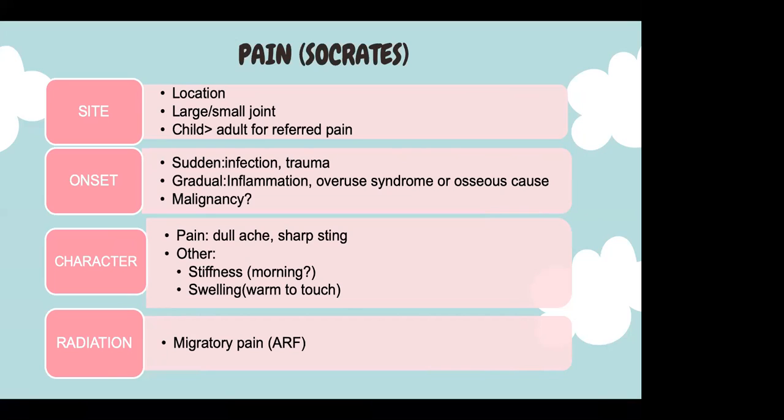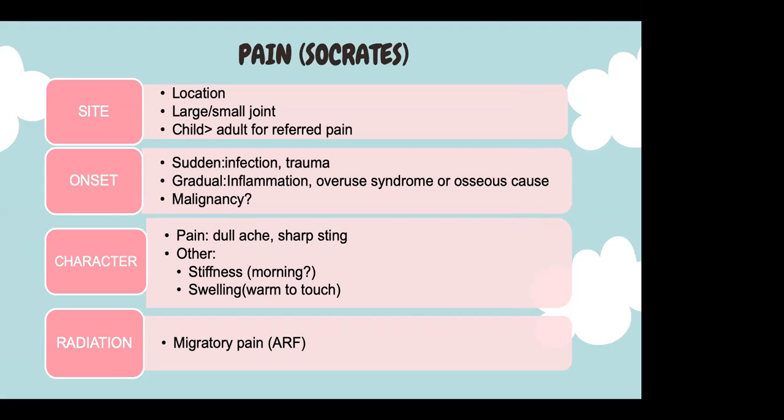R is radiation. For example, migratory pain in acute rheumatic fever. You also have to make sure, like I said before, that the joint pain can come initially not from the joint, it can come from any other part of the body. So you should make sure whether the pain is from the joint or a mimic.